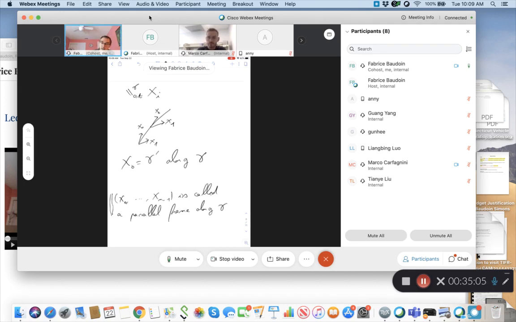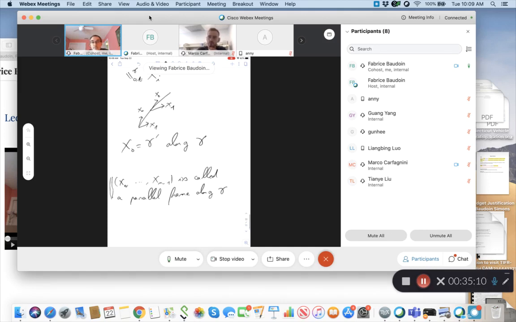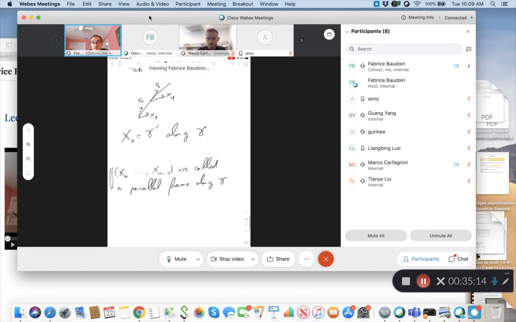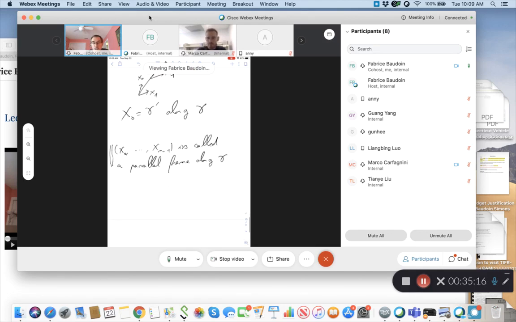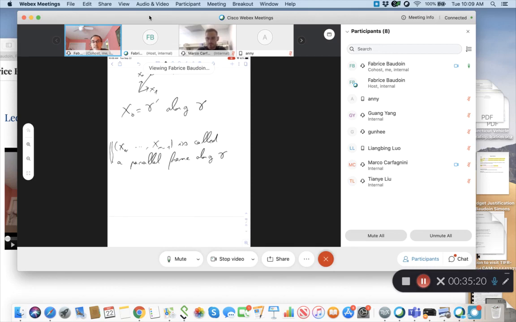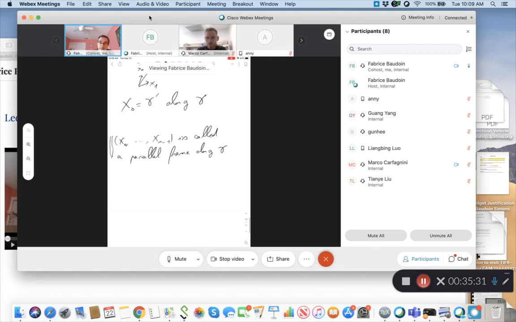So now I will write the Jacobi equation in this frame, because any vector along gamma can be expressed as a linear combination of these xi. So the idea to solve the Jacobi equation, and really to understand it, is we are going to write the equation in this frame.